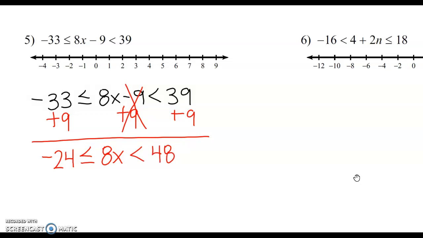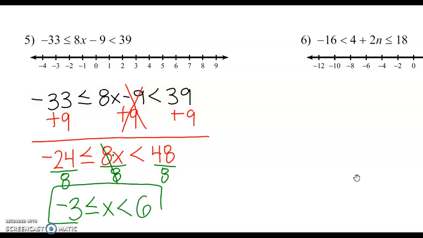Now, to get x alone, he's being multiplied by 8. Opposite, divide by 8 on the middle, the left, and the right. 8 over 8 cancels. So -24 divided by 8 would be -3, less than or equal to x, less than 48 divided by 8 is 6. So I want the numbers that are greater than or equal to -3 and less than 6.